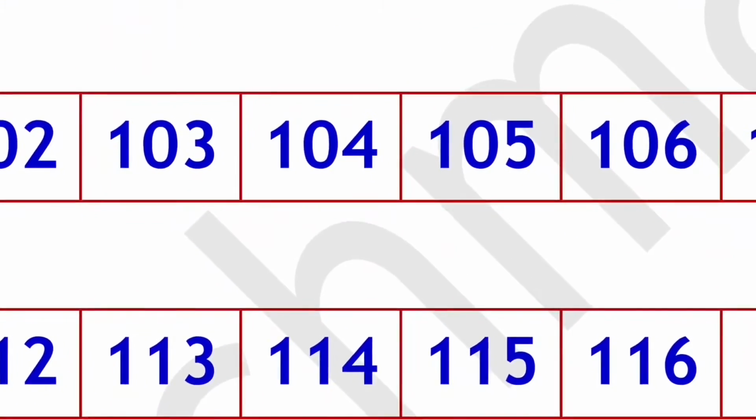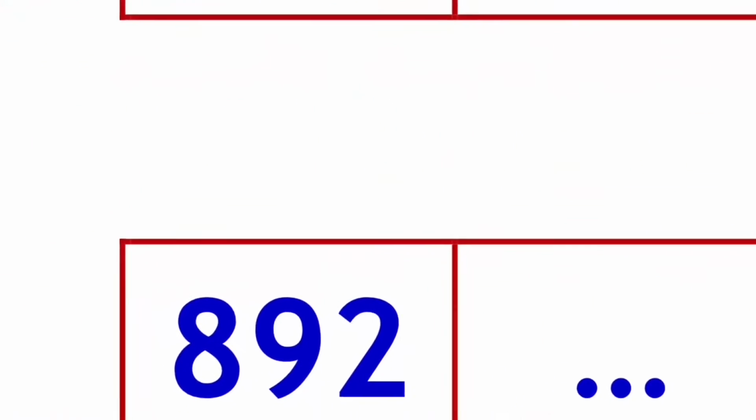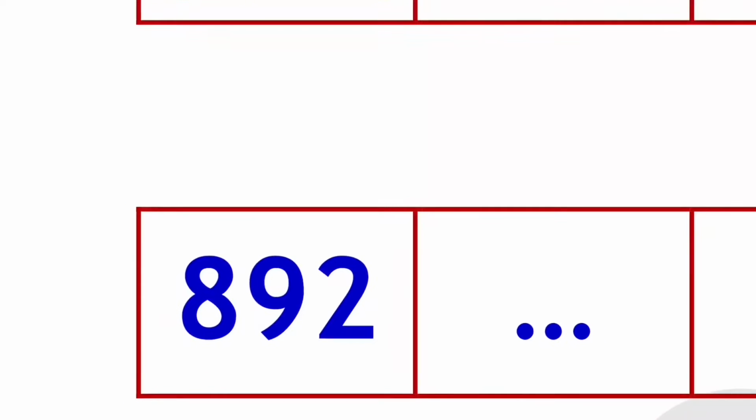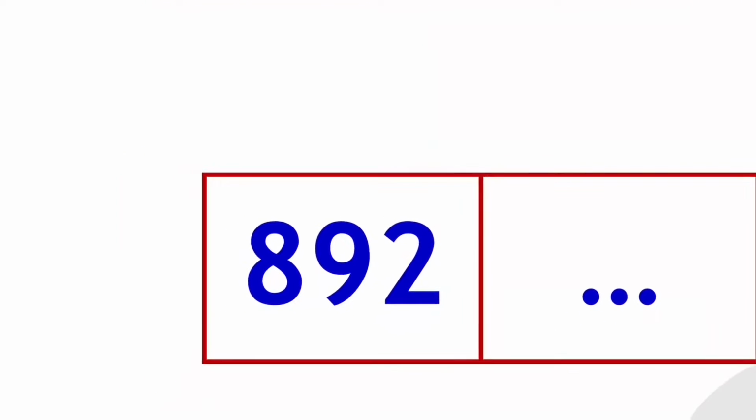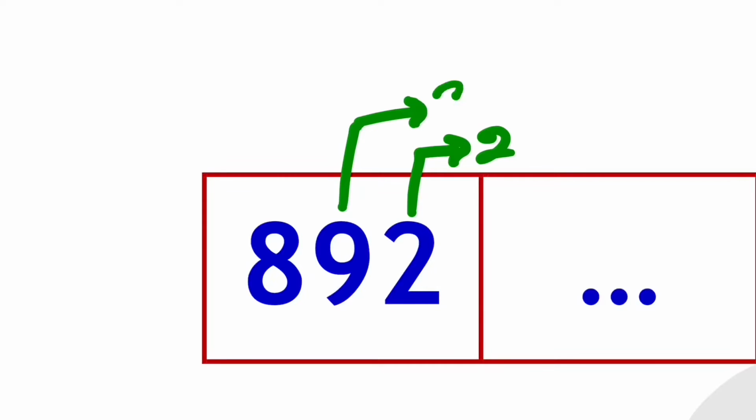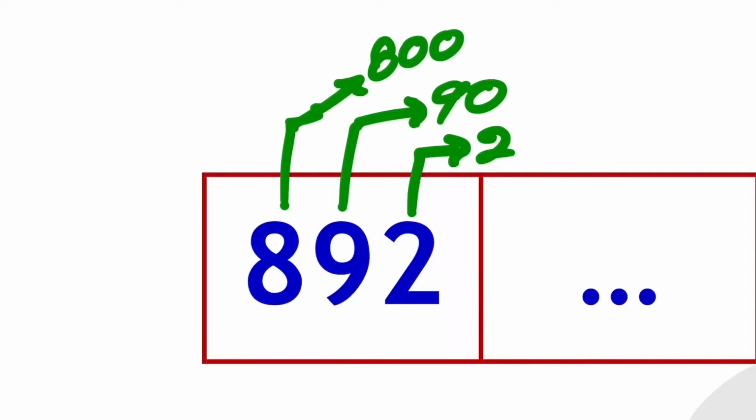Take another example. Take this. This 892, 2 is in the unit position, so it should be representing 2. 9 is in tens, so it should be representing 90, and 8 is in hundreds, so it should be representing 800.